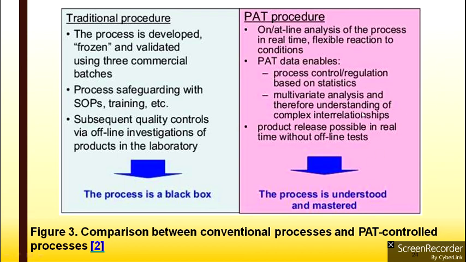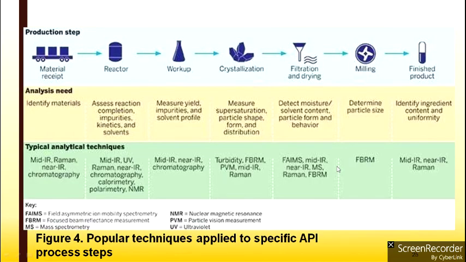It will give you a lot of opportunity to design your process again. In case something is out of control, you can redesign your process. So you understand your process much better and can become a master of the process.